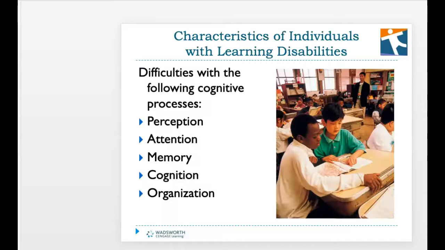for a learning disability. Characteristics of learning disabilities, which I refer to as LDs, can affect the following cognitive processes: perception, the way they're seeing things, hearing things, maybe understanding the importance of things, attention span, their ability to focus, their memory. So this could be their working memory, which is something that is very, very common as a deficit in individuals with ADHD.